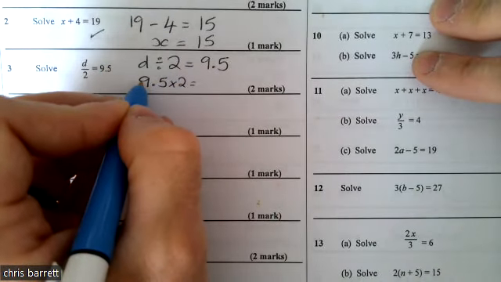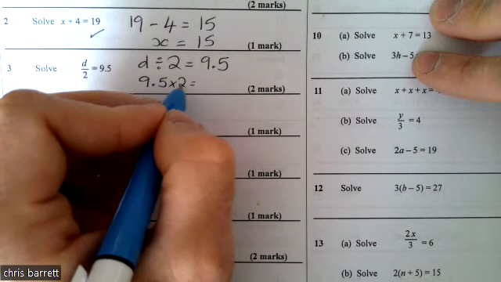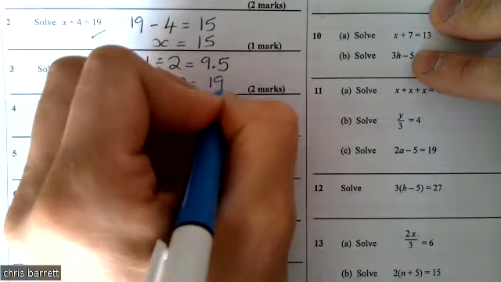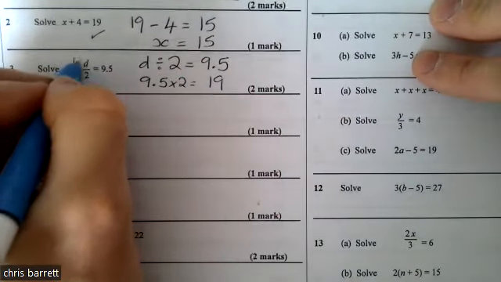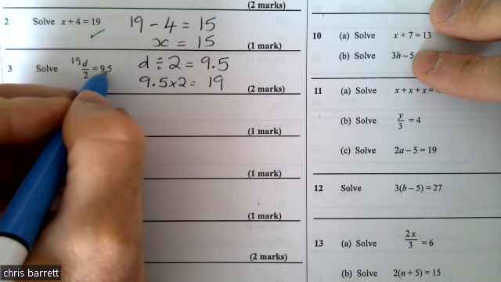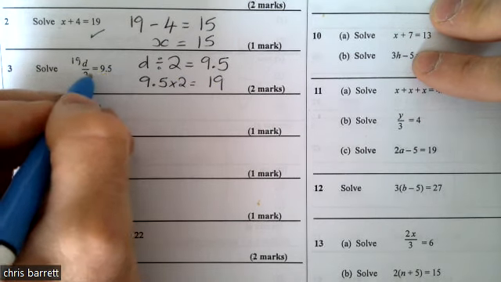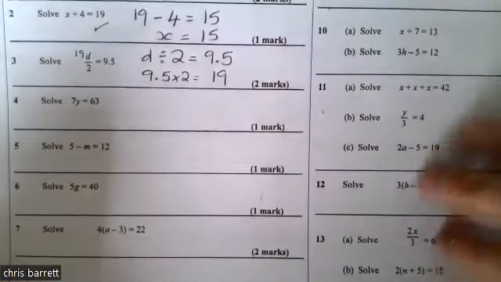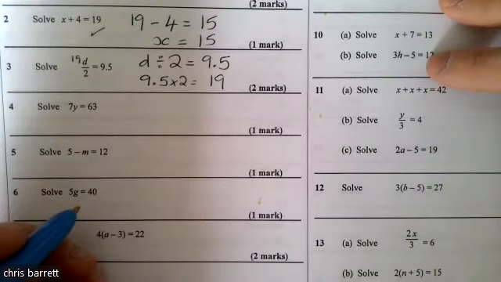So 2 lots of 9 is 18, and then 2 lots of a half is a whole one. So that gives me 19 in total. And then again, I'm going to check it. 19 divided by 2 is 9.5. Happy days.